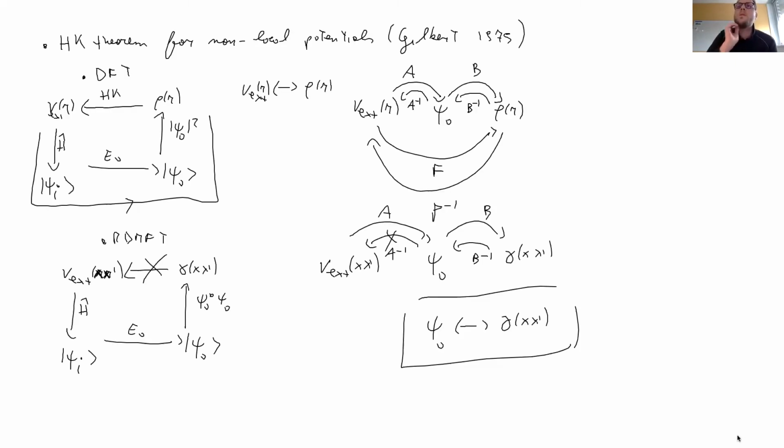Sorry, can I ask you a question about this? Because I always wondered about that. If you ignore the two-electron repulsion, I perfectly understand that many non-local potentials can give the same density matrix, because there are always virtual orbitals where you can move the energy levels, and the density matrix will be the same.